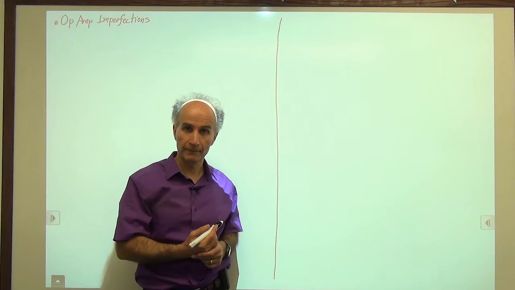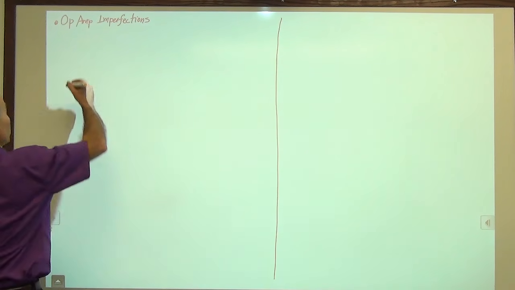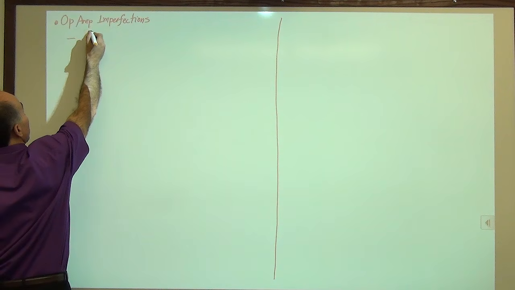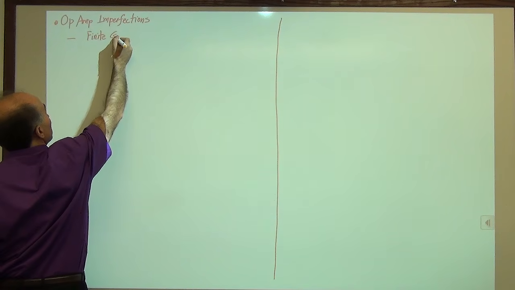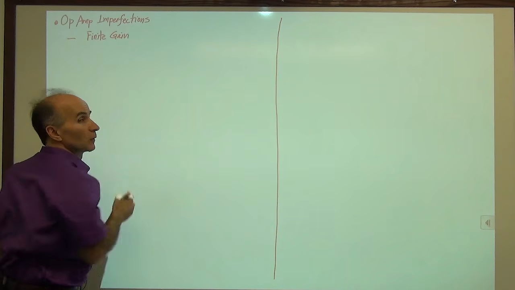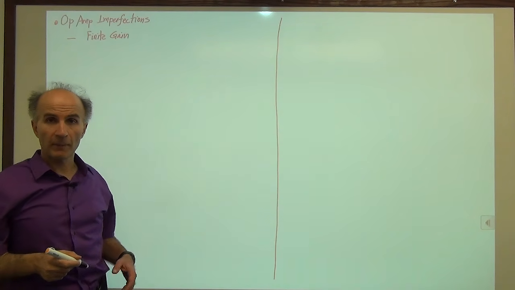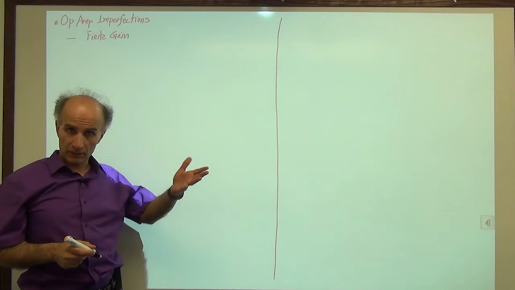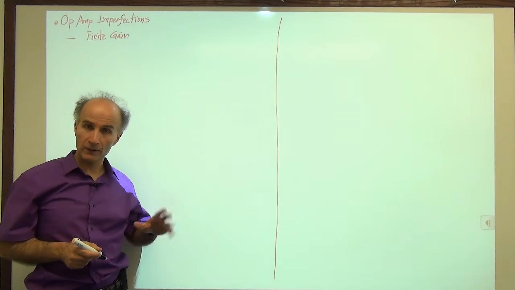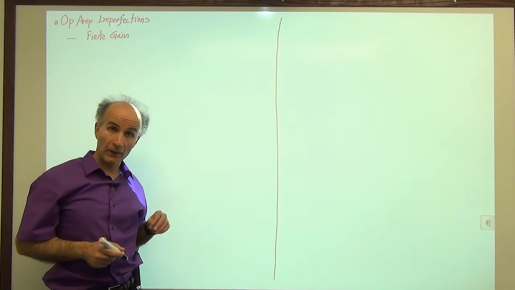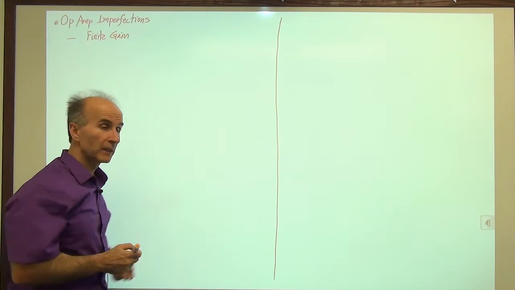Okay, so the imperfections include finite gain. We have talked about this before. We said that if the gain of the op amp is not infinite, we had to do the calculations again for the amplifiers, etc. So that's fine. But there are other ones that we have not talked about.